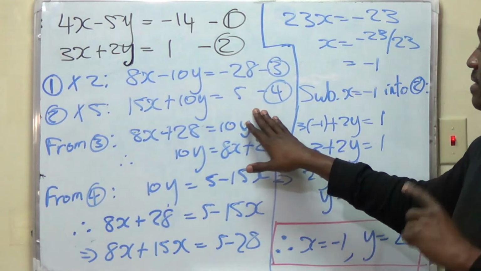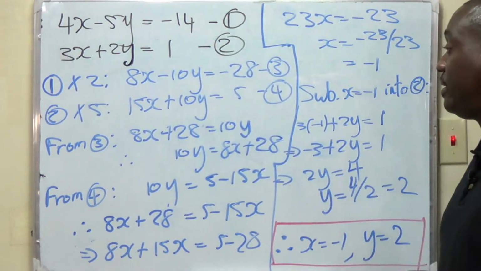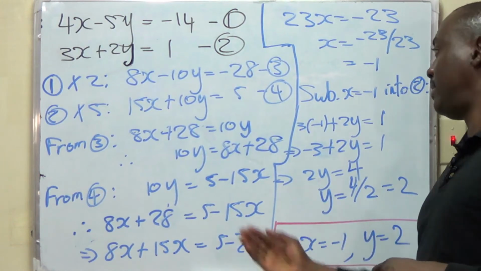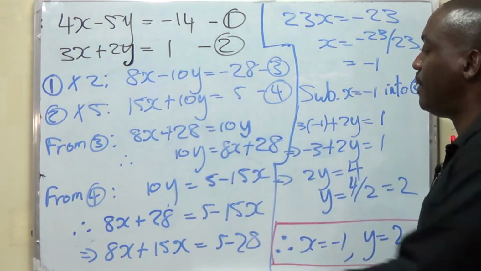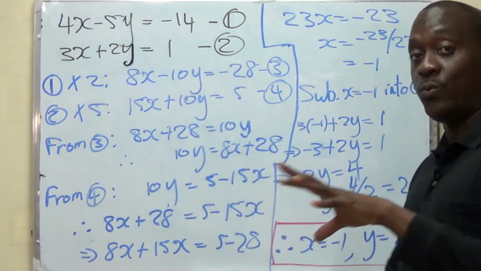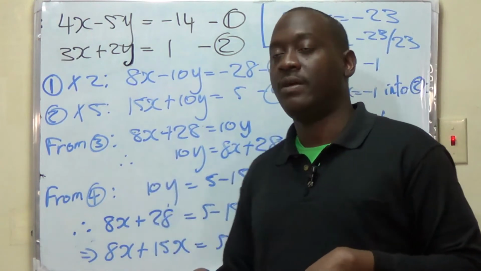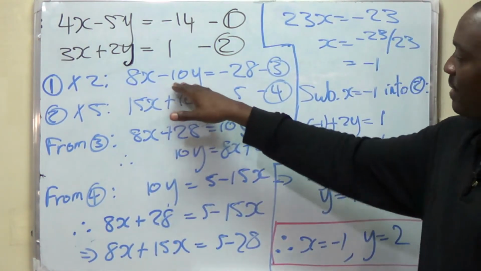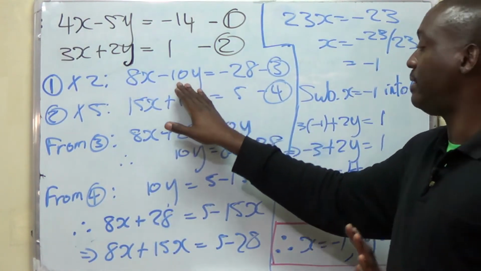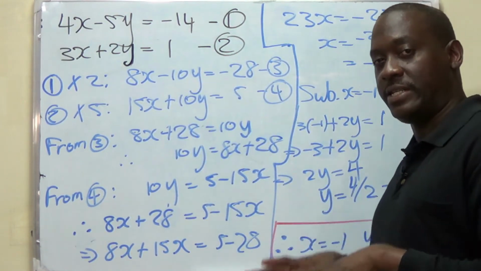Now, just as we did in video 3, we're going to pivot on the 10y here. But note we have minus 10y here. So we're still making 10y the subject of the formula. Even though we have minus 10y here, that is fine, so long as we use the algebra properly.